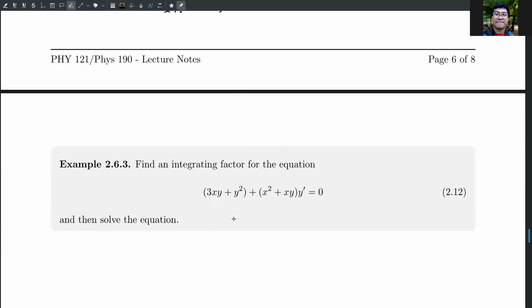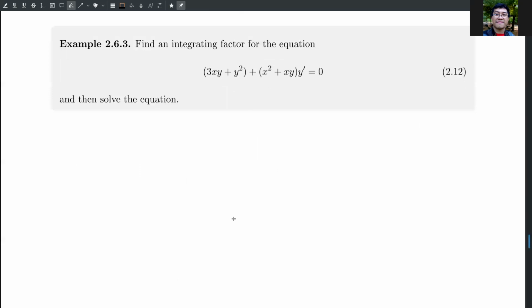For example, find the integrating factor of the equation 3xy plus y squared plus (x squared plus xy) y prime. This is our M, this is our N. You can see that this is not an exact differential equation.